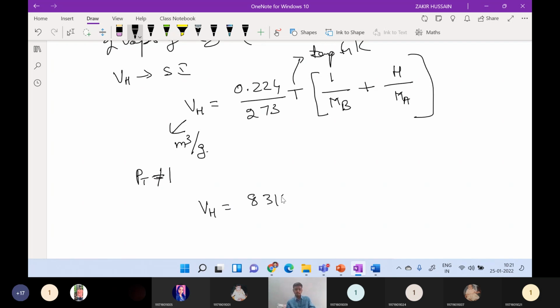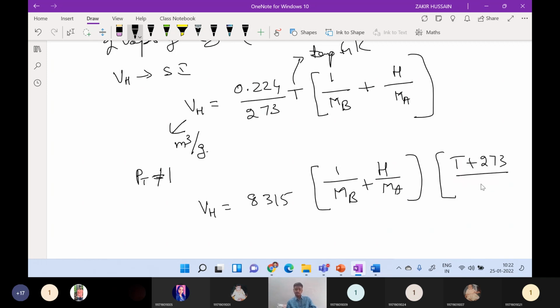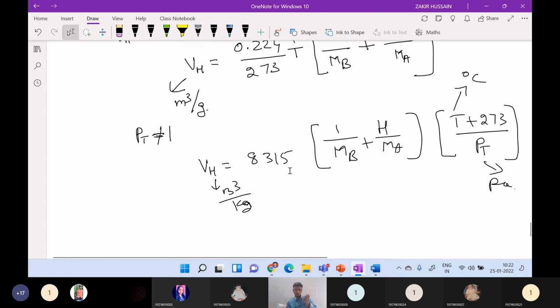VH is equal to 8315 into (1 by MB plus H by MA) into (T plus 273) by total pressure PT, where T is the temperature in degree centigrade and pressure is the total pressure in pascals. Now we will get in meter cube per kg of dry air how much humid volume is there inside the air.